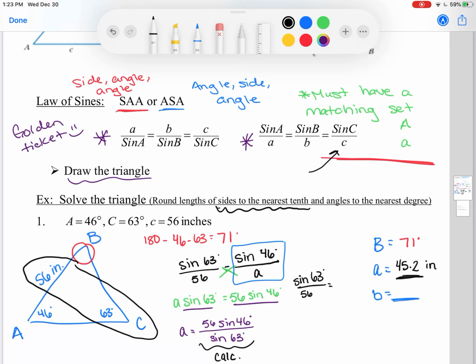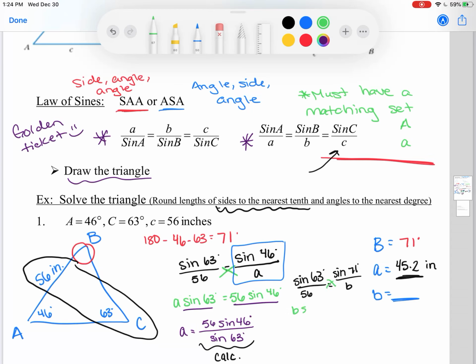So we're still going to use sine 63 divided by 56 because it's still the given information. And now I'm going to set it equal to sine of B, which we found was 71 degrees, over lowercase b.